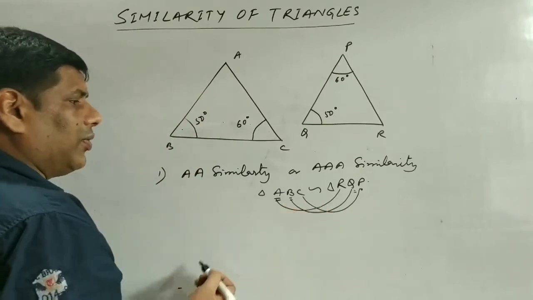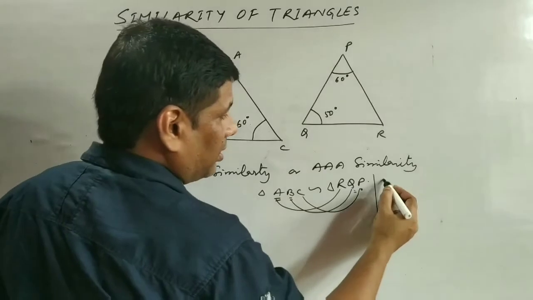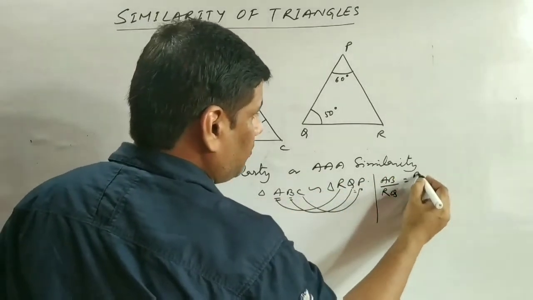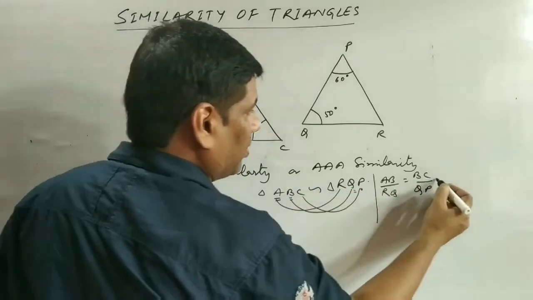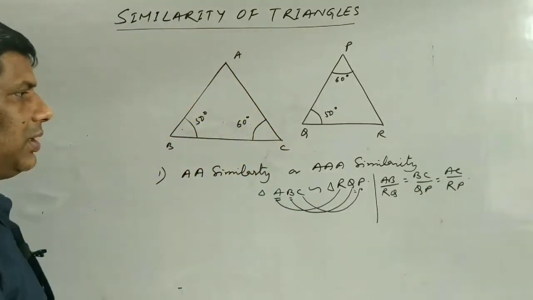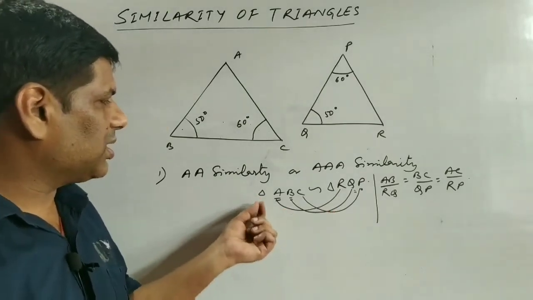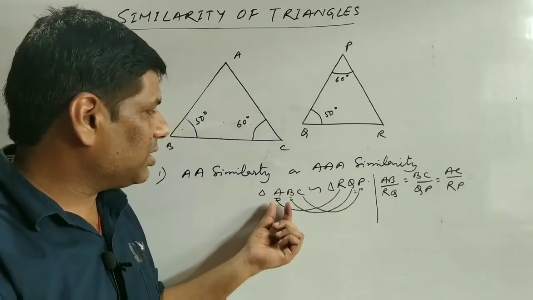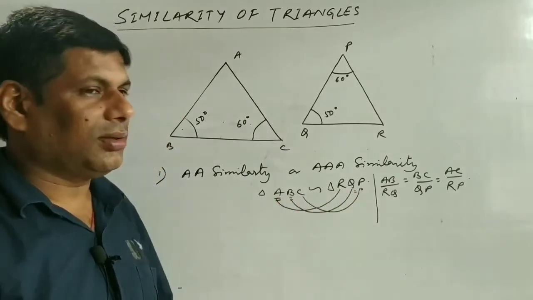And while writing the ratio, you must keep in mind the rotation, like AB will be equal to RQ, BC will be equal to QP, and AC will be equal to RP. So if two triangles are similar, then we have to write it in a proper manner, so that the corresponding angles correspond in the two triangles, and the ratio of sides will be in the same pattern of the first triangle as in the second.